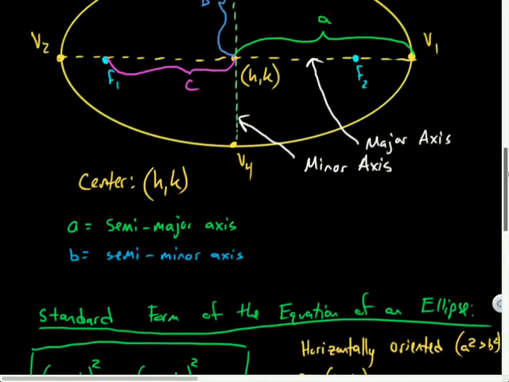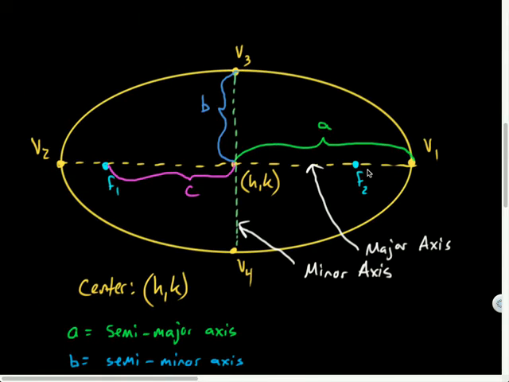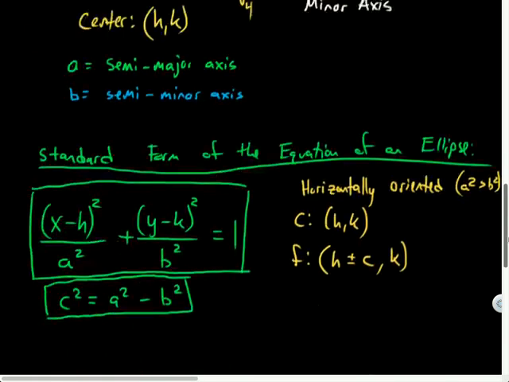So just looking back up at this picture, if this is h,k, this point would have been h plus c comma k, right? Don't draw that in. And this would have been h minus c comma k, because I've subtracted c from the x or added c to the x. So that's what that's referring to.